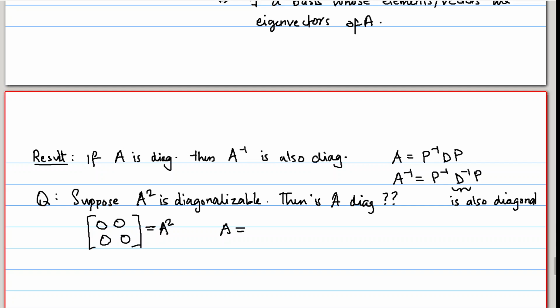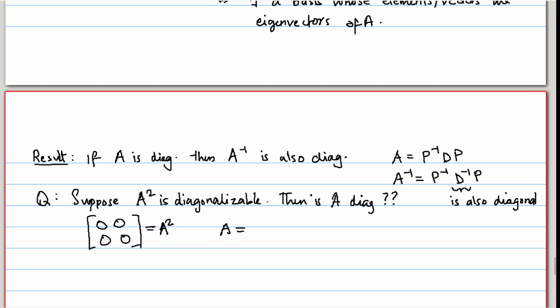And we've seen that to construct non-diagonalizable matrices, we know that nilpotent matrices are not diagonalizable because the only eigenvalue they have is 0.